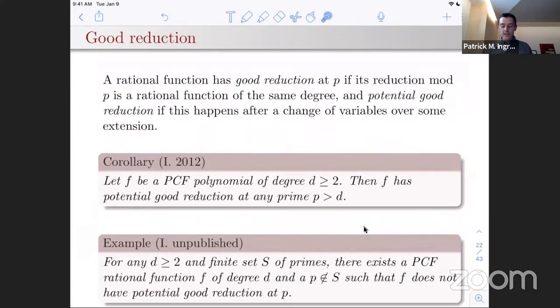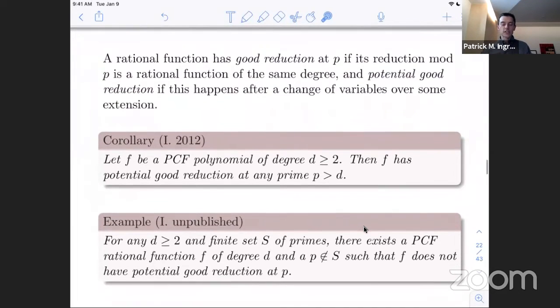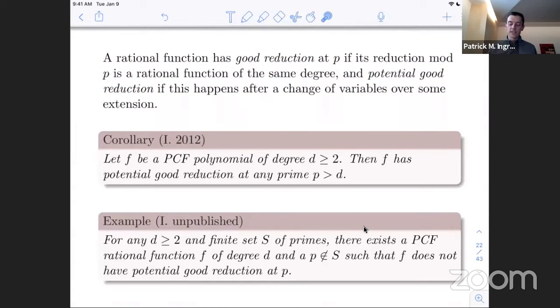I want to say a little something about the additional, just to give you some sense of the flavor, the quote unquote bonus corollaries that you get in the polynomial case. So they basically have to do with good reduction and maybe some applications in the context of complex dynamics. So a rational function F has good reduction at P, basically if you can reduce it mod P and things don't go sideways, right?